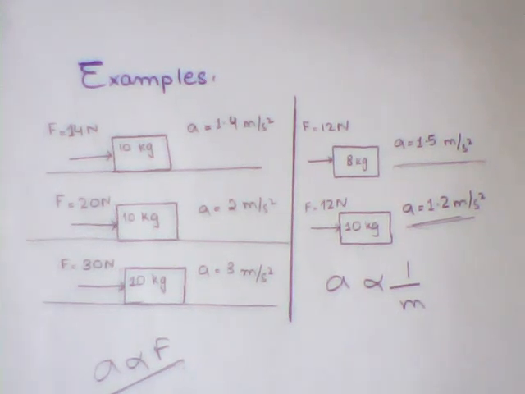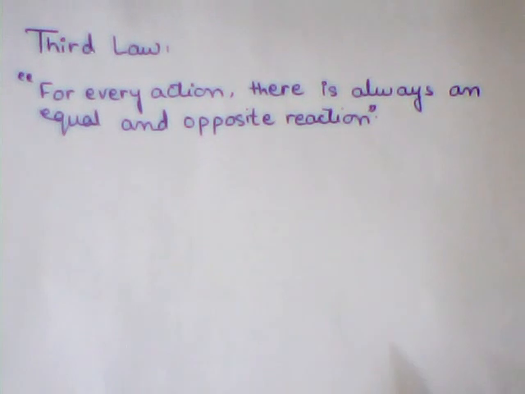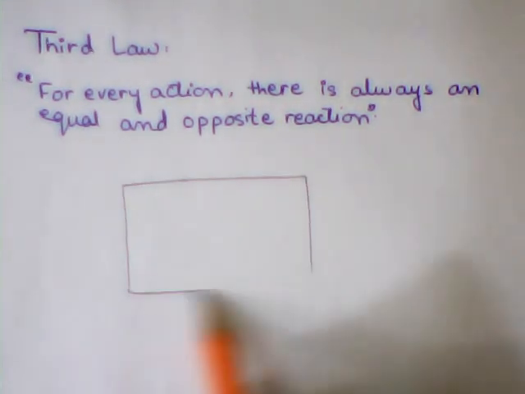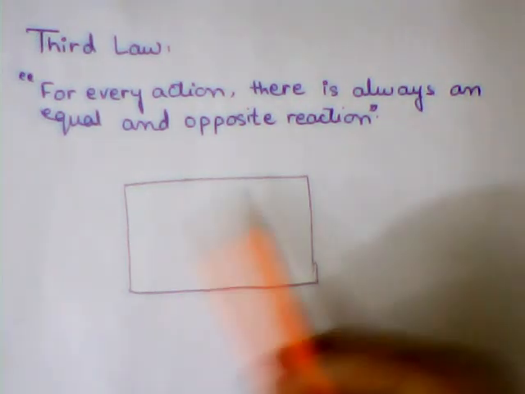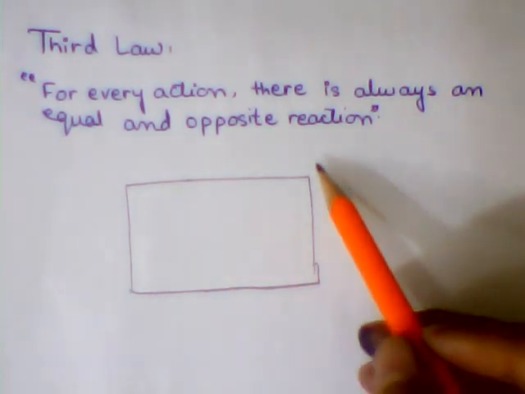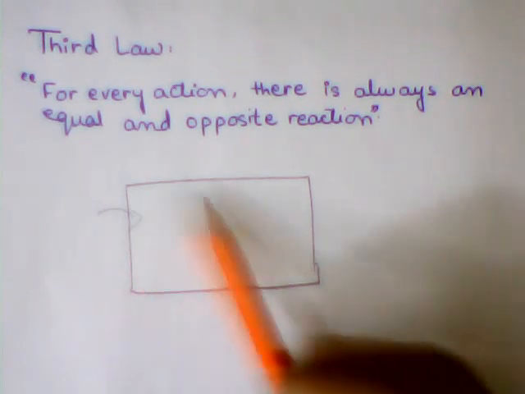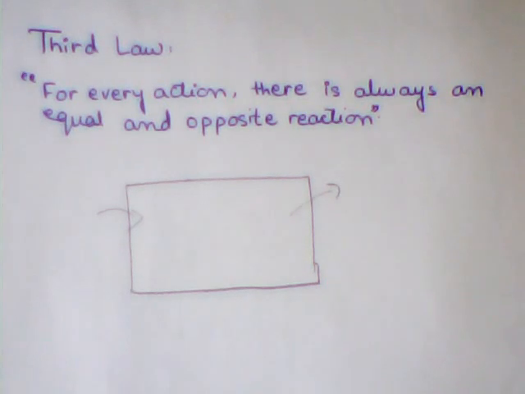Okay, now come to the third law of motion. The third law of motion says that for every action there is always an equal and opposite reaction. Okay, let's consider an isolated system, which is a system that has no external force in and out, meaning none of the force can come inside the system, and none of the force can go outside the system.